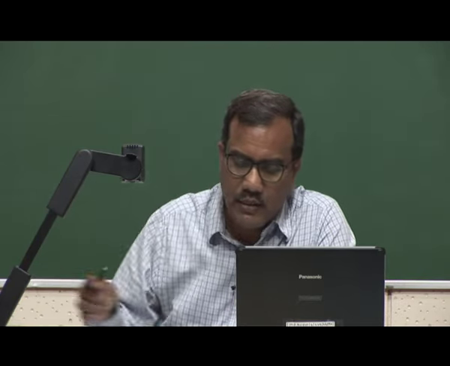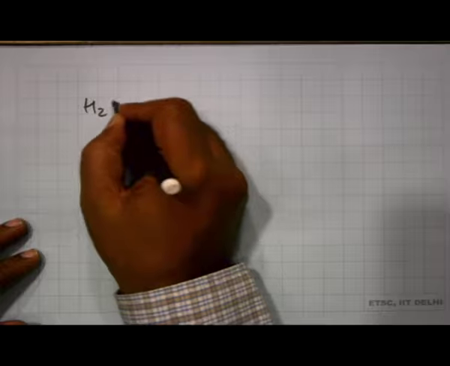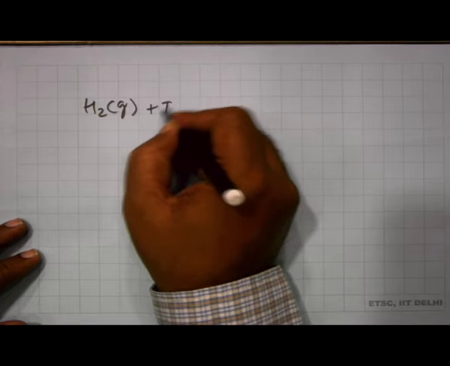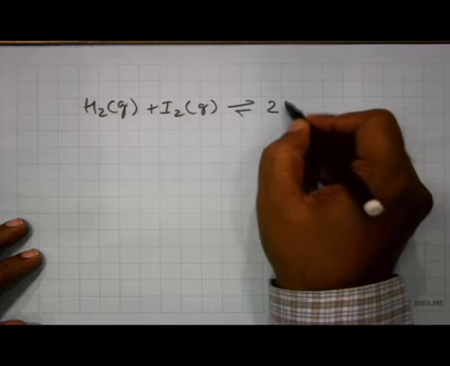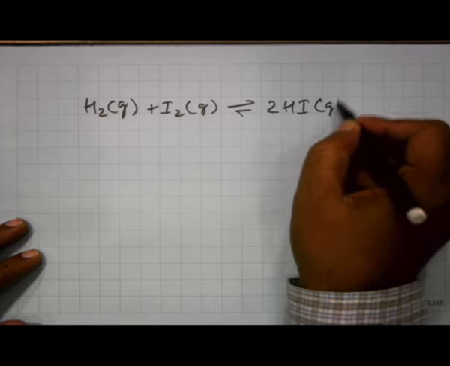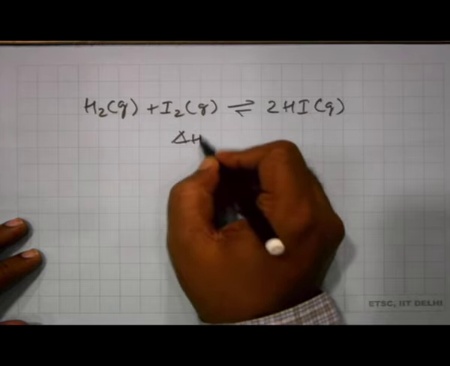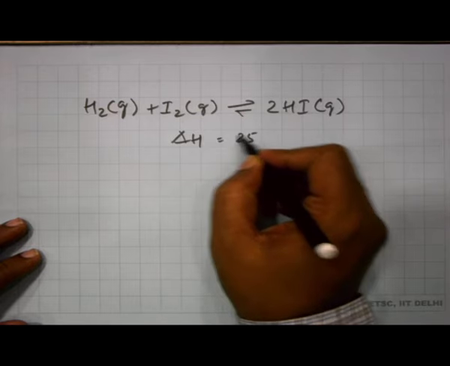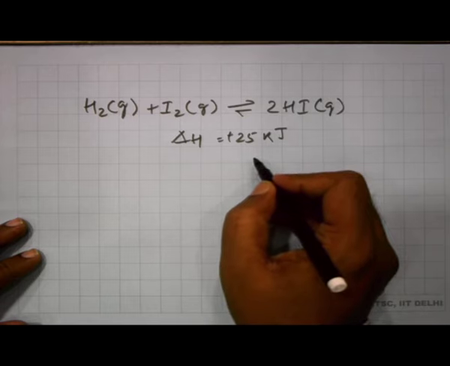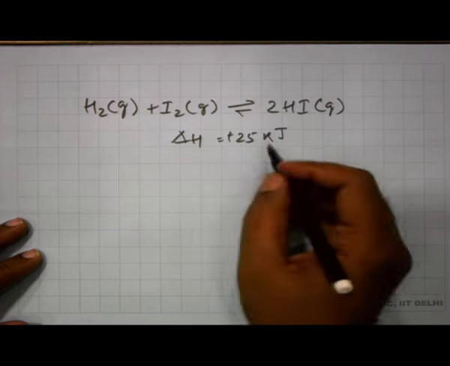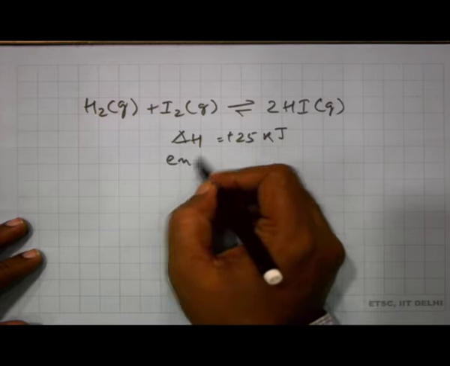Now, take another case, H2 gas plus I2 gas giving you 2 HI gas, and delta H is equal to plus 25 kilojoule. This is plus kilojoule. What does that mean is, the reaction is endothermic.